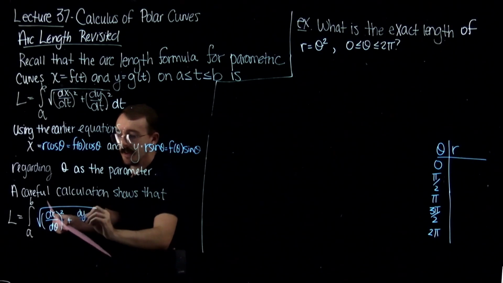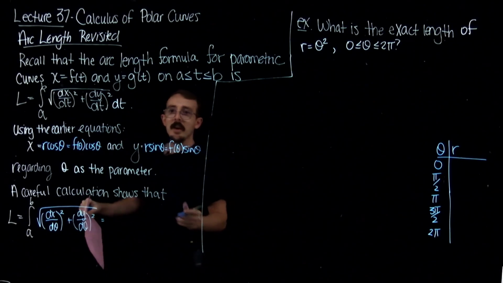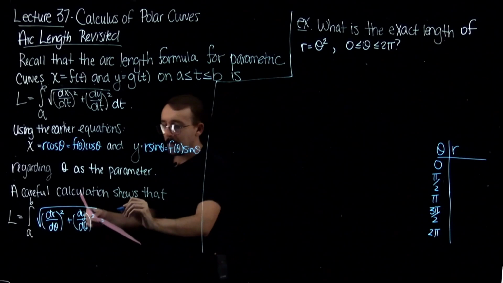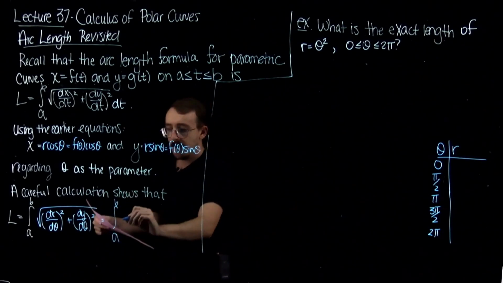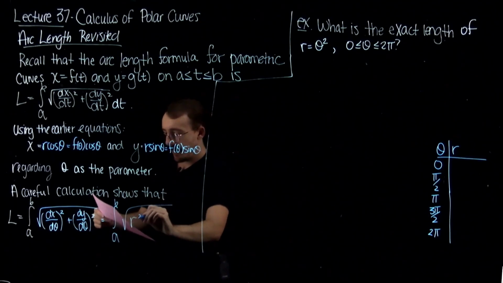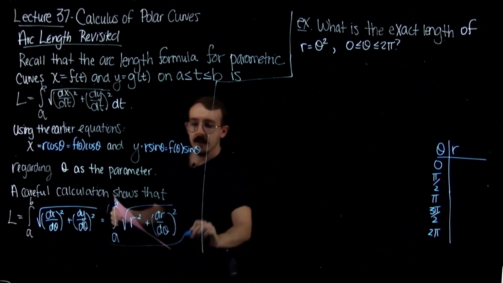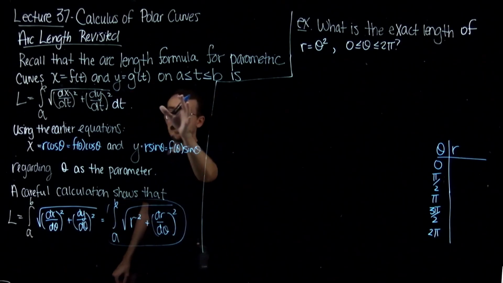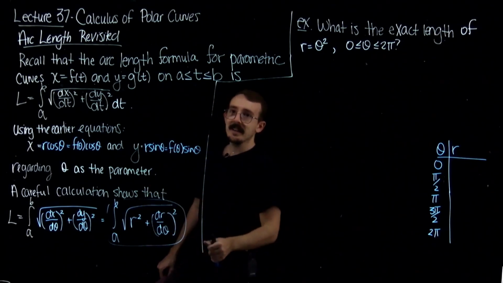If you carefully plug these in and do a calculation, you'll be able to show that the formula can be written as the integral from a to b of the square root of r squared plus (dr/d theta) squared. So if you're given r in terms of theta, some polar curve, you can use this last formulation to find the arc length.